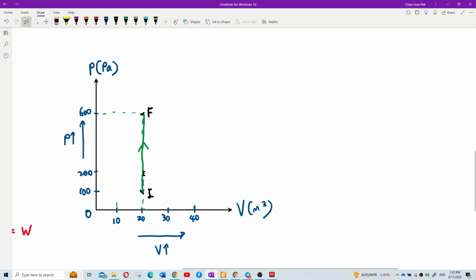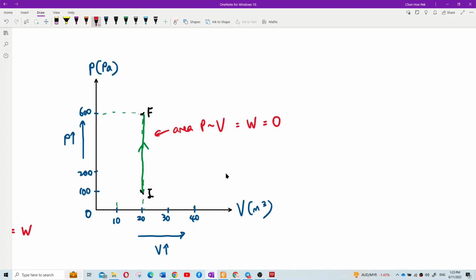It maintained at the same volume. What is the work done, class? Work done is no area, isn't it? So the area of the PV graph is actually zero, the work done is zero. No work done at all.